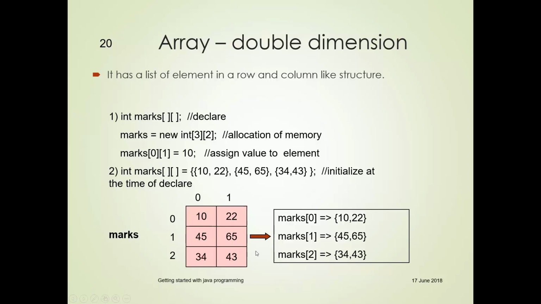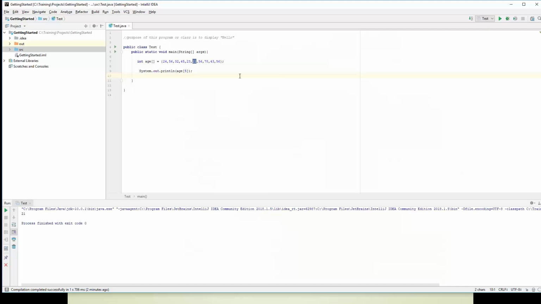For example, I want to store the marks of various subjects in one single variable. What I am trying to say, suppose this is the marks. This is the marks of 10 persons of one subject, suppose for maths. Similarly, I can create the marks for science as a separate variable.